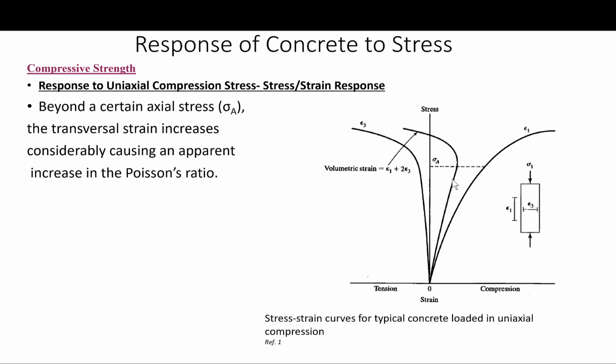So as you can see here, the rapid increase in the ratio of the strain in this direction above the strain in this direction occurs after we reach the stress level shown right here.